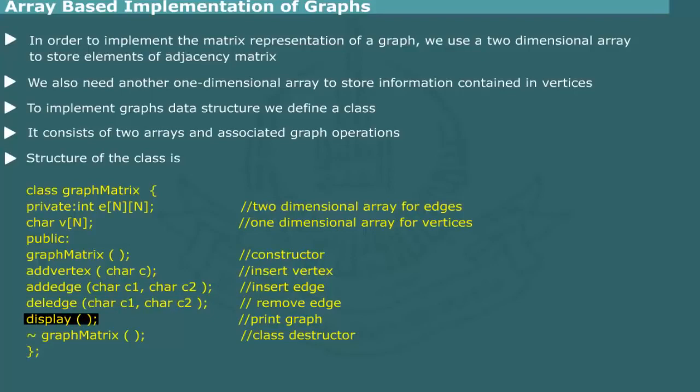It is assumed that vertices store single characters. The edges are represented by an n by n matrix. The actual codes for the class methods are given in the demonstration. Click the button to run the array-based implementation of a graph.